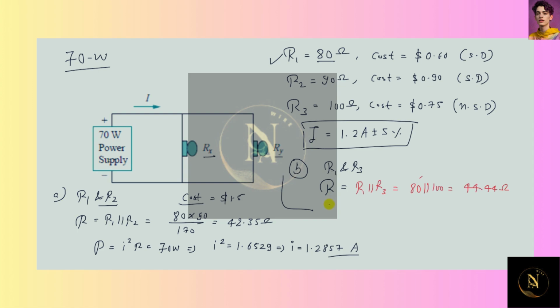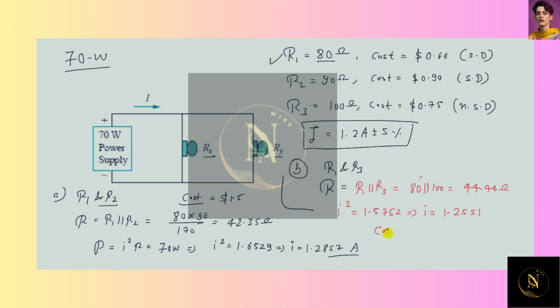Similarly, I squared is equal to 1.5752, so from here I is equal to 1.2551, and this is within the range.